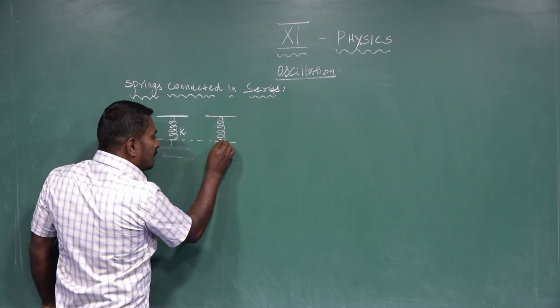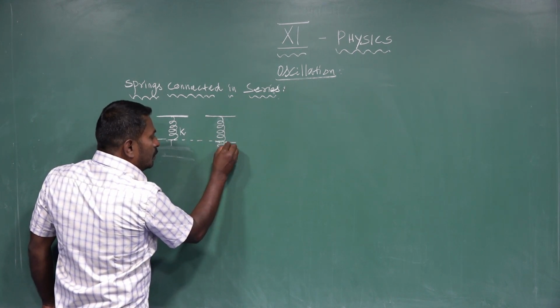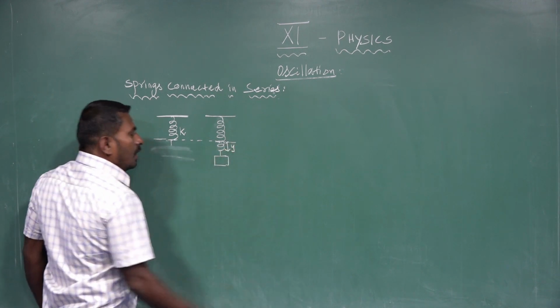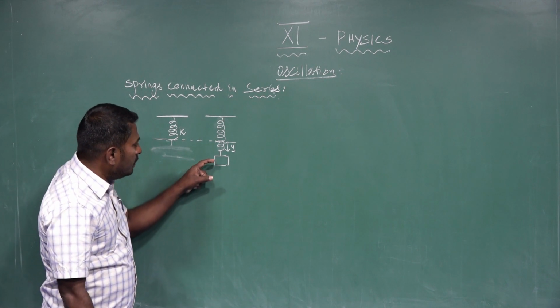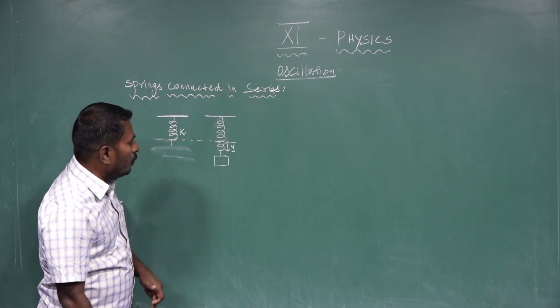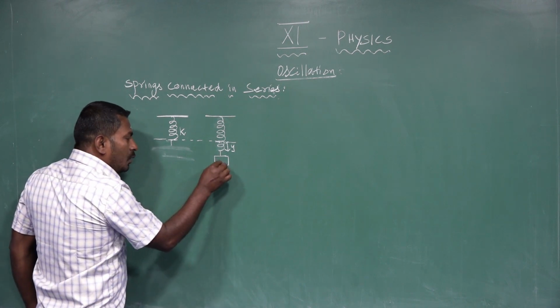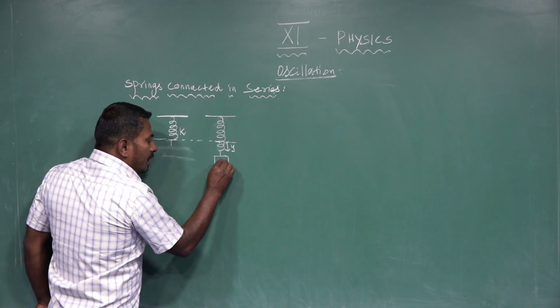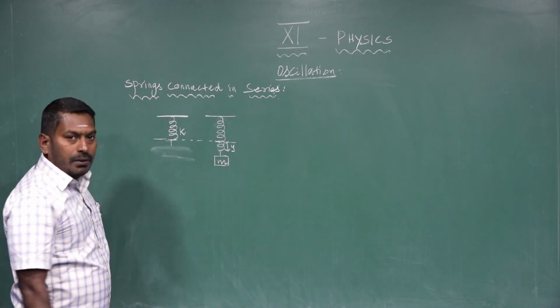Extension is produced through a distance y, or elongation is produced through a distance y, when the load is attached to the lower end of the spring, where m is the mass of the load.